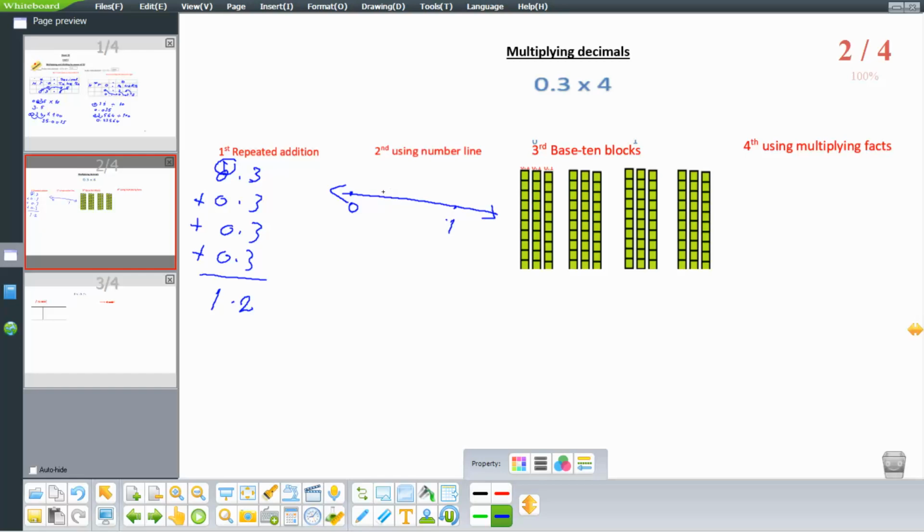Between 0 and 1, we have 0.1, 0.2, 0.3, 0.4, 0.5, 0.6, 0.7, 0.8. I think we need to move it a little. 0.9, and 0.10 which is 1. So 1 will be here.